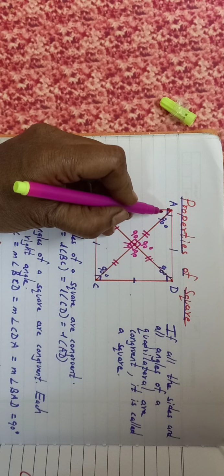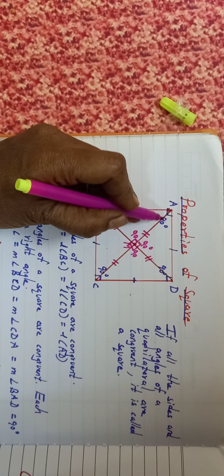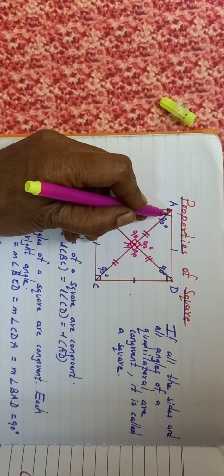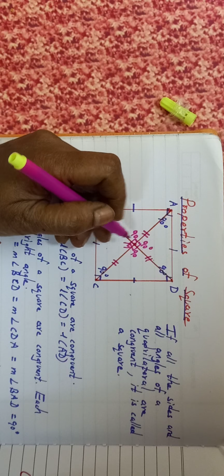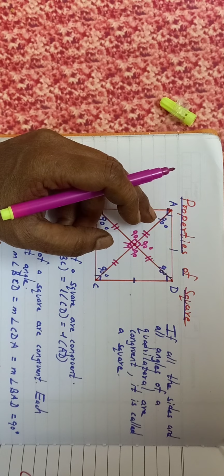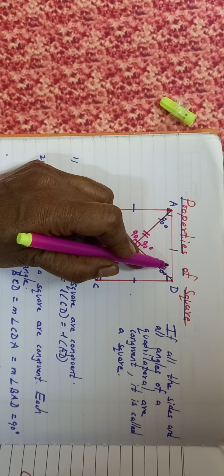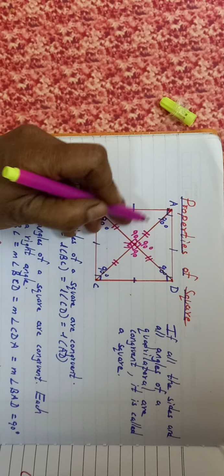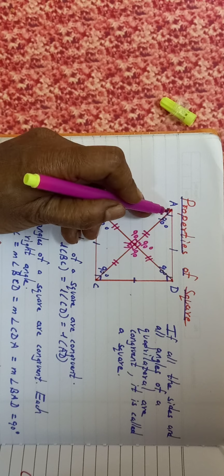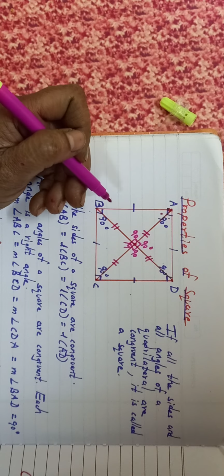It means the angle BAC and angle CAD are congruent. What does a bisector do? It divides the angle into two equal parts, and measure of angle BAD is 90. So measure of angle BAC will be 45 and measure of angle CAD will be 45.